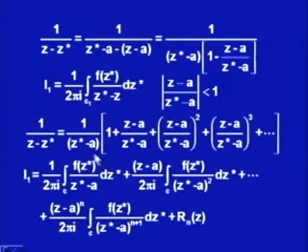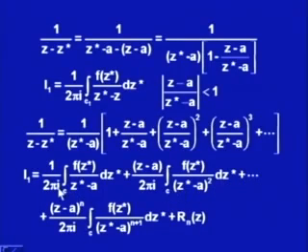So, this will be substituted in the integral I1. We multiply this series by f(z star), integrate over the curve C1 and then multiply by 1 upon 2 pi i. This we do for each and every term. So, the first term will give me 1 upon 2 pi i, and the integrand is f(z star) over (z star minus a) dz star integrated over C, plus (z minus a) over 2 pi i, and then the integrand is f(z star) over (z star minus a) whole square dz star, and so on.